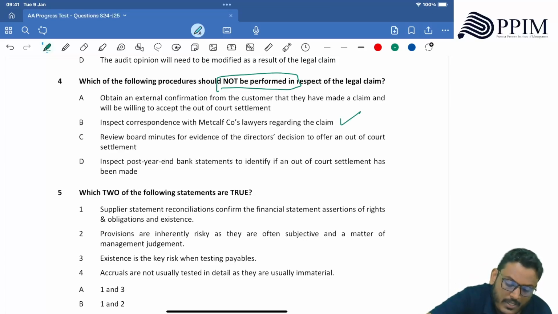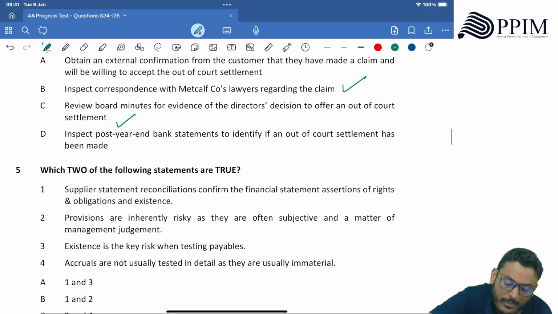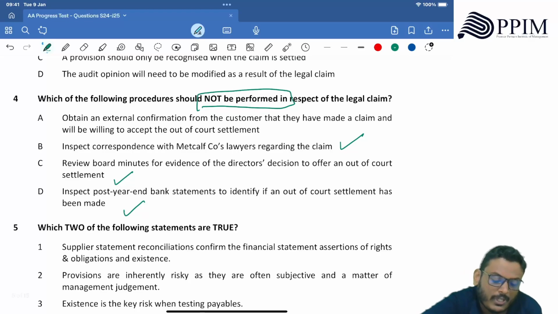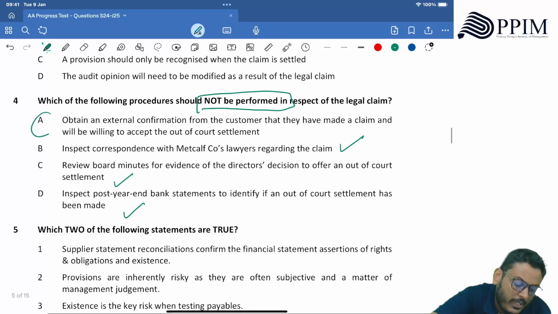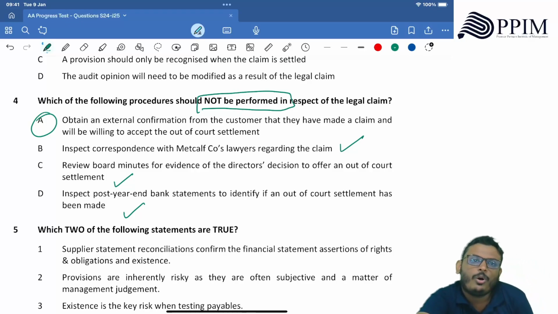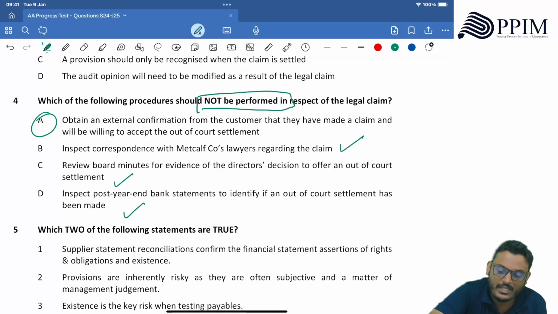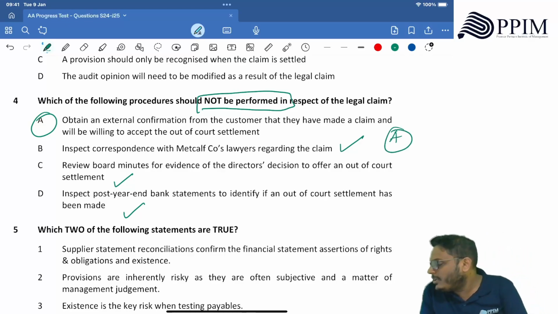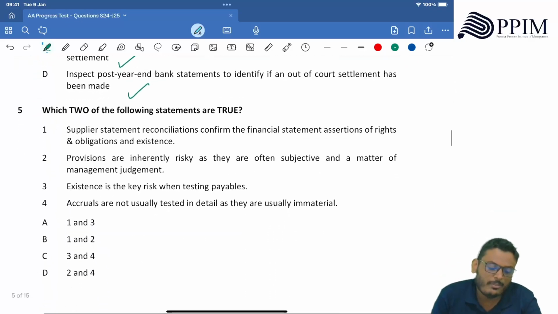Review board minutes, directors' decision, correct. Inspect post year-end bank statements to see if out of court settlement has been made, right? But obtain external confirmation from the customer who made the claim. Normally, if you look at legal claims, you can't ask them to provide confirmation. Correct answer is A. Even if you ask, they won't respond.